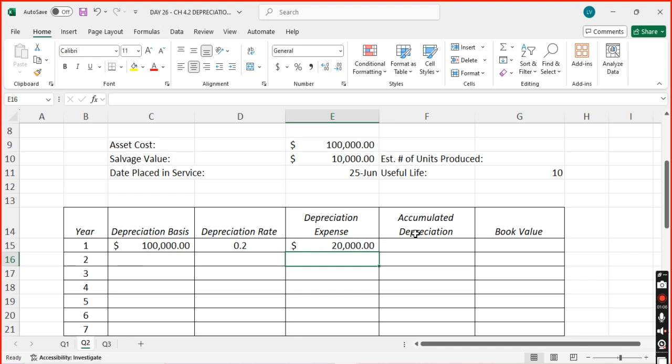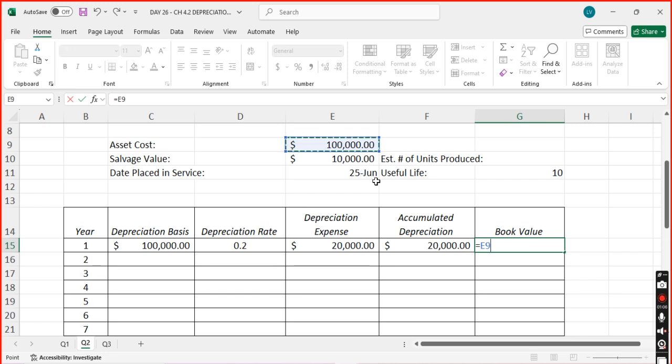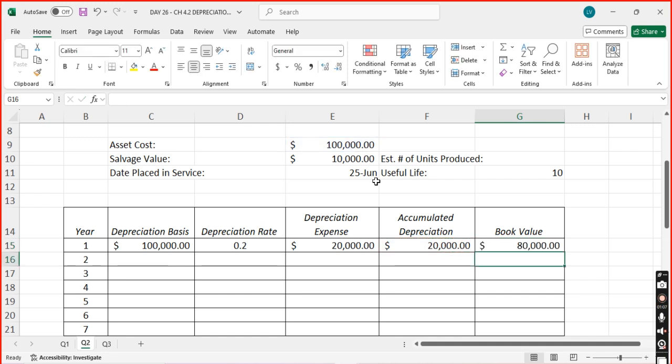What is the accumulated depreciation? Okay, 20,000. Okay, giving you your book value for the first year to be... okay. Now let's take a look at this.